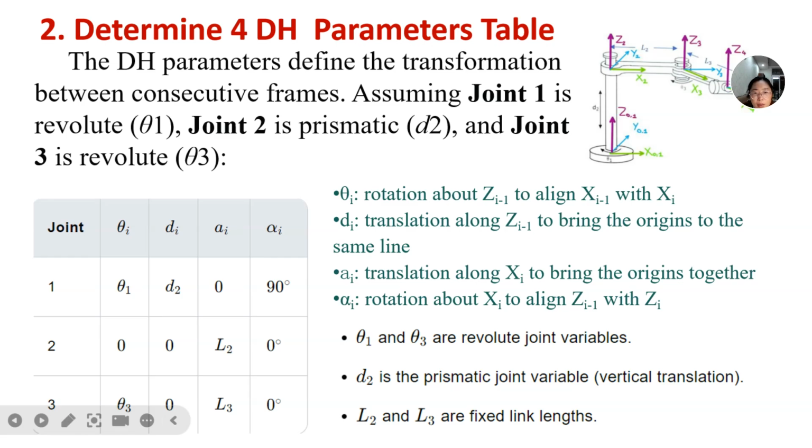Alpha i means rotation about xi to align z(i-1) with zi.